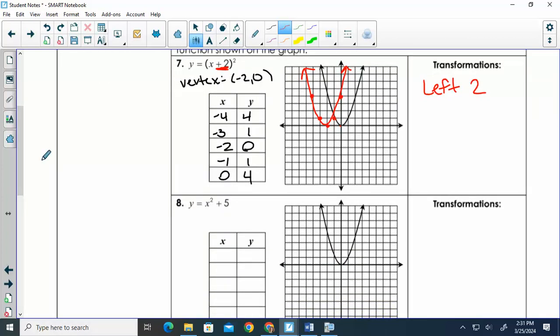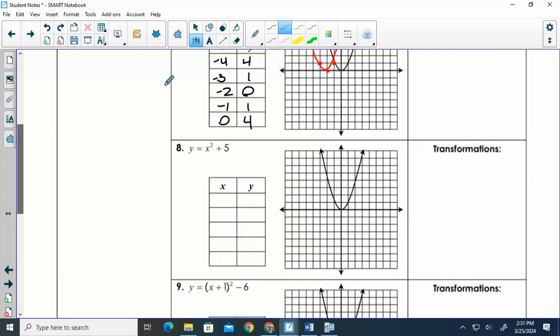Let's look at another one. So if I looked at this one, my vertex: there is nothing added to my x, so the x value would be 0, and the plus 5, so (0, 5) is my vertex.